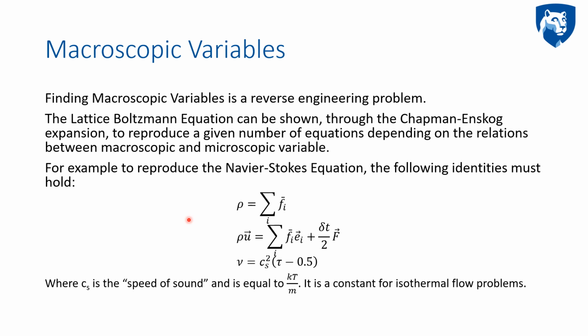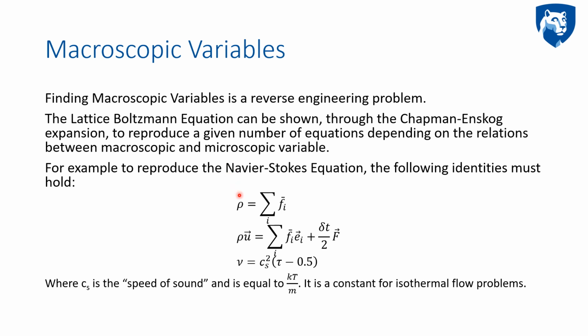The Lattice-Boltzmann equation can be shown through the Chapman-Enskog expansion, which I won't be mentioning here, to reproduce a given number of equations, and it depends on how you define your distribution functions and your forcing terms. So for example, if you want to reproduce the Navier-Stokes, these following identities must be satisfied.